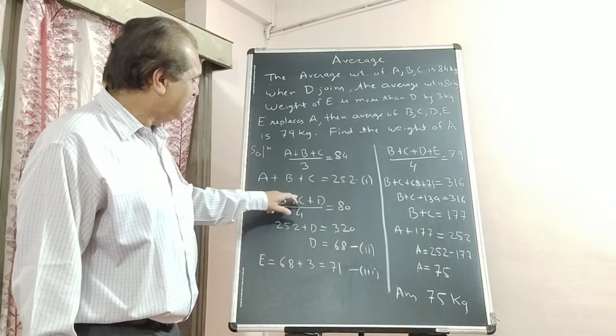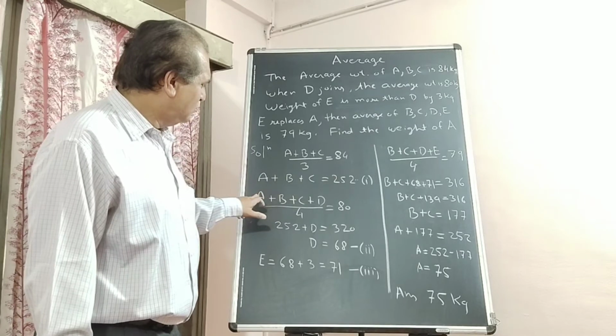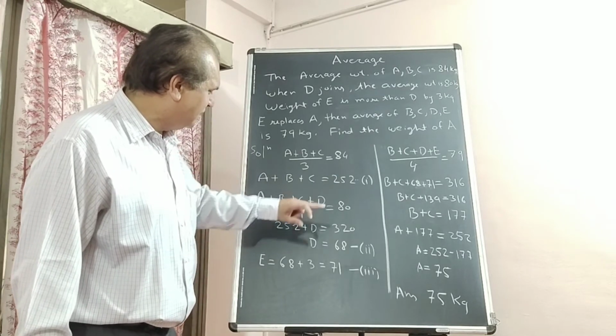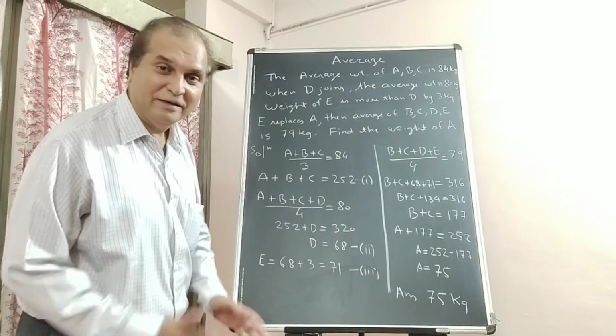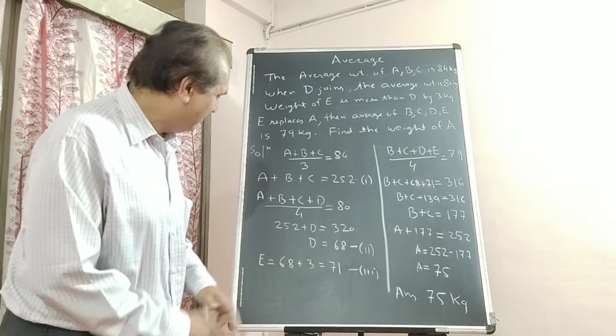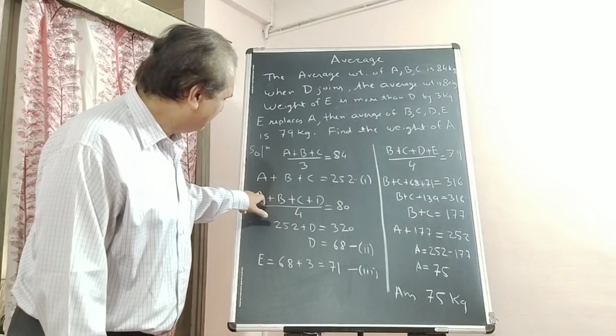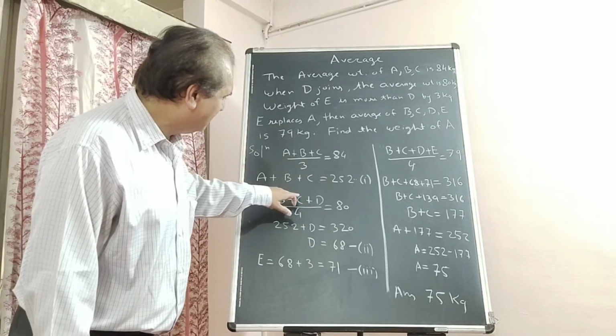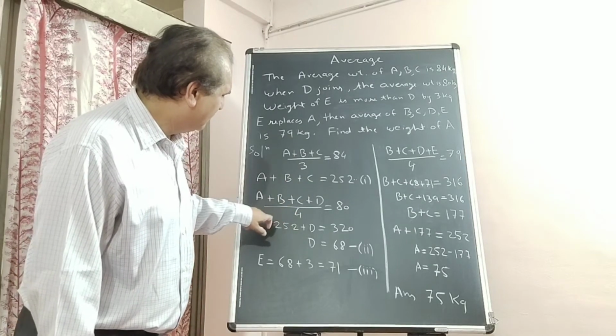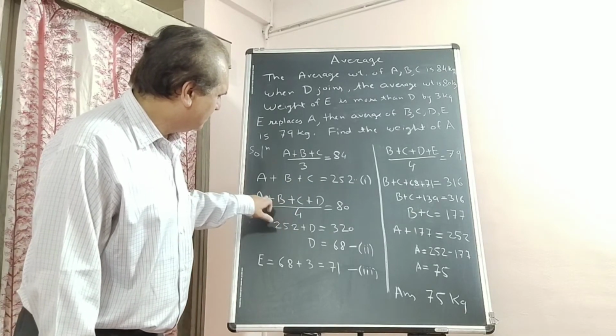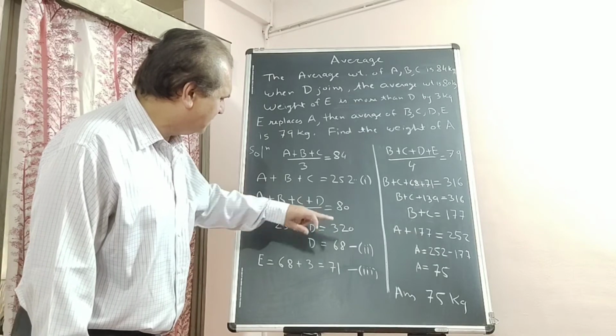But A plus B plus C is 252. So 252 plus D equal to 320. Understood this step? Okay. From equation 1, A plus B plus C, I put 252. So 252 plus D is 320.